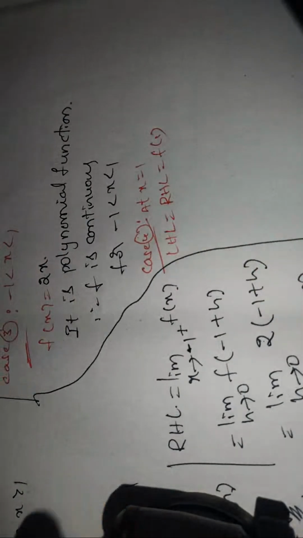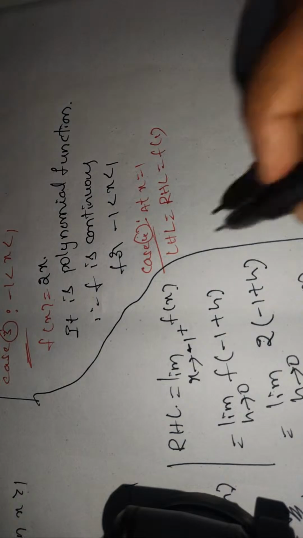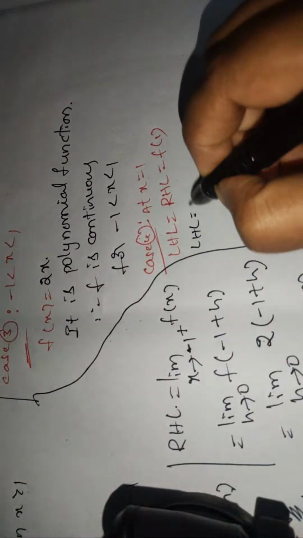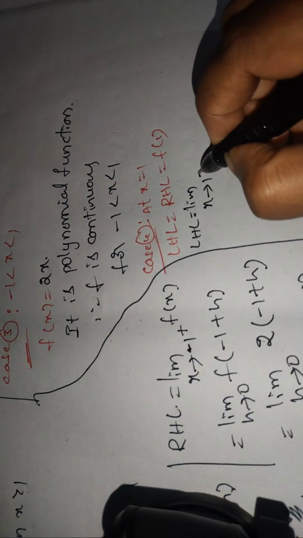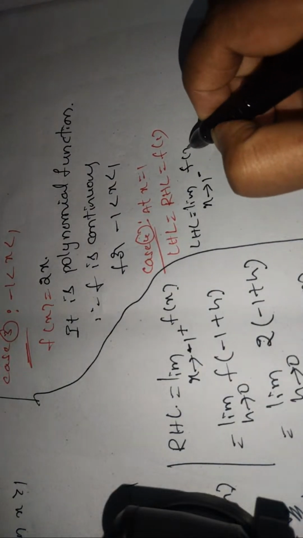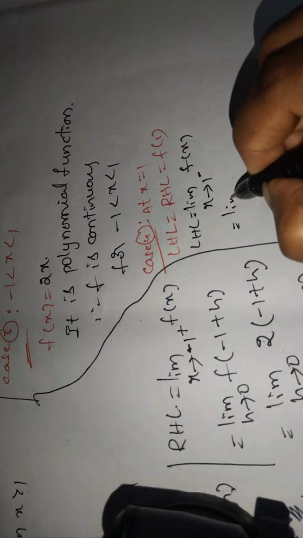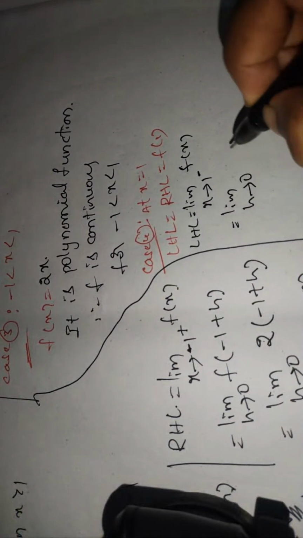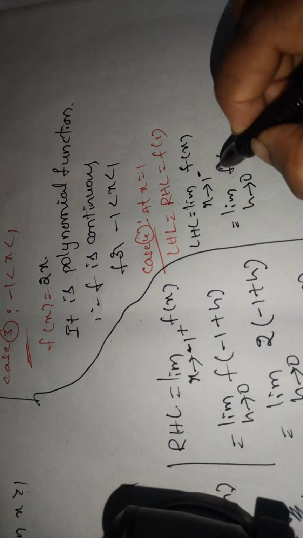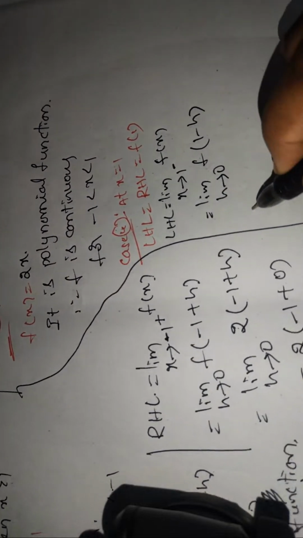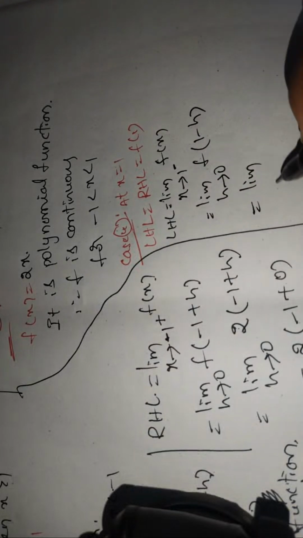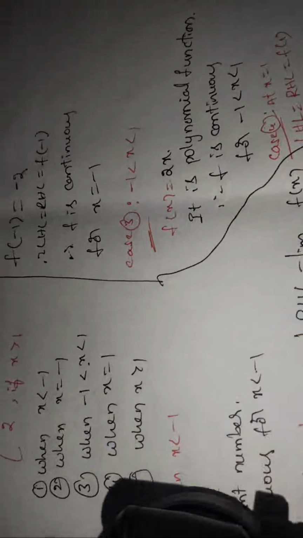First I will take LHL. How do we write this LHL? LHL is equal to the limit x tends to 1 minus of f of x. So limit h tends to 0. I want to replace this, so f of x is replaced by f of 1 minus h. Now 1 minus means less than 1. We write the function when it is less than 1. Where do we get that?